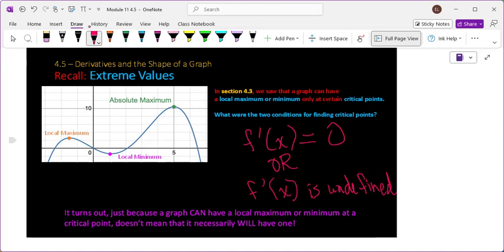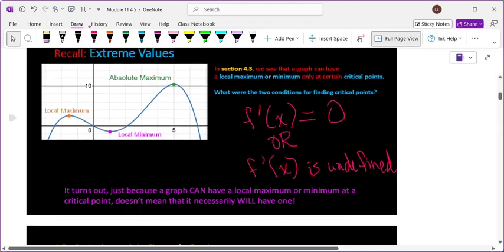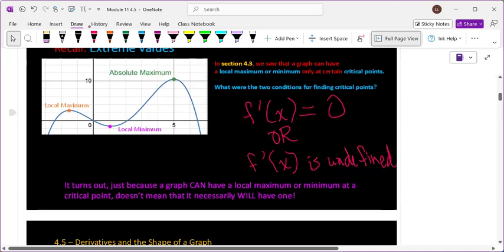But I suppose a really weird graph could have derivatives that behave differently. The other big thing is being a critical point does not mean it must be a max or a min. It does not mean it has to be an inflection point. It just means it's a place where the derivative behaved weirdly.